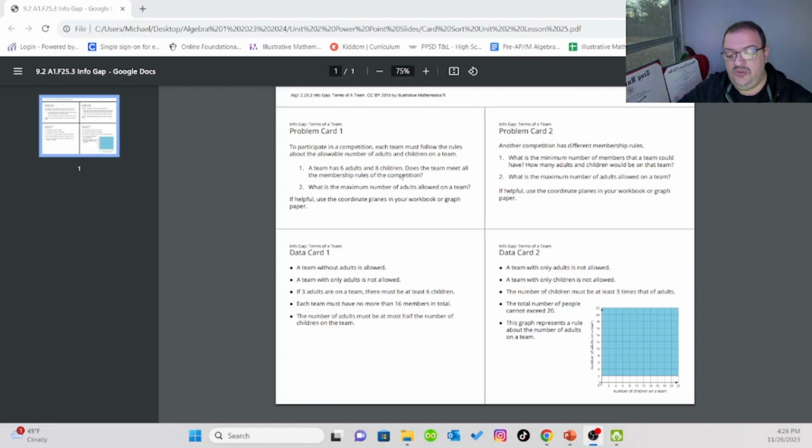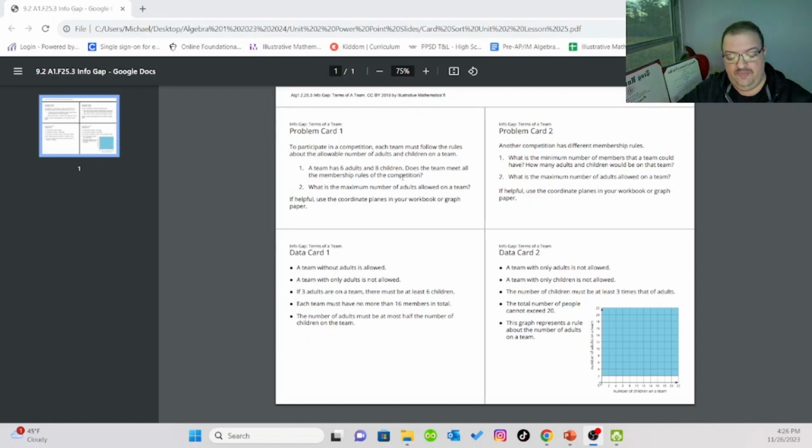Question number 2, what is the maximum number of adults allowed on a team? So we know we can't go more than 16 members total. If we start out with 3 adults, there must be at least 6 children. 3 plus 6 is 9.